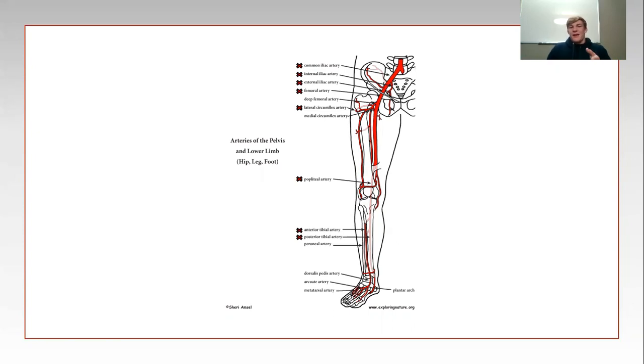All right, and then right underneath that, you have the femoral artery, which basically branches off the common iliac artery. It's a larger artery that goes down the leg, and we don't have to worry about the deep femoral artery or the medial circumflex artery either. However, I'd like to point out that the lateral circumflex artery is what I would consider our lateral femoral artery.